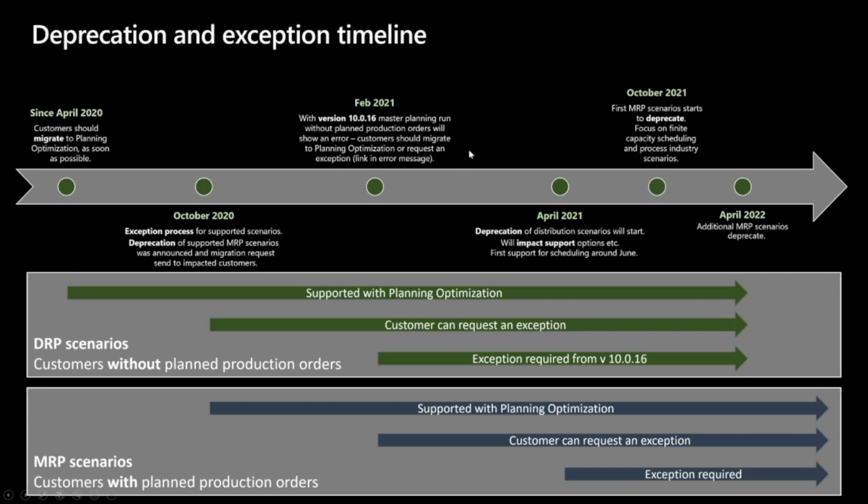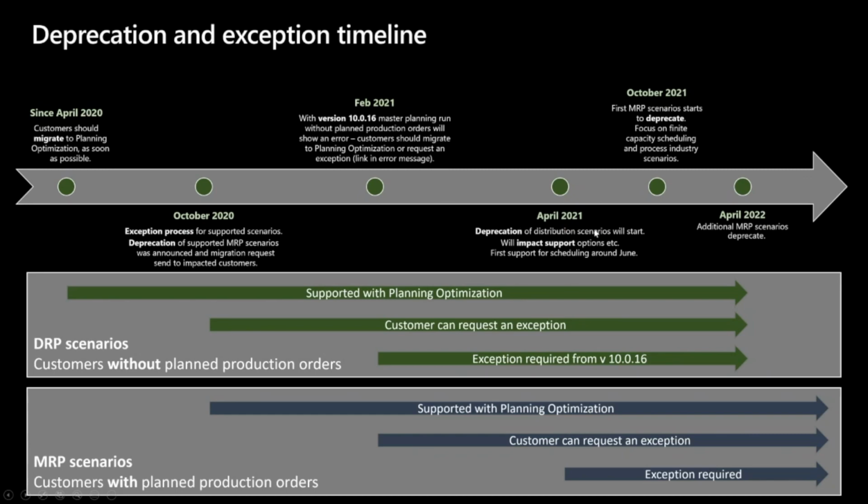And now here in February, with the release of version 10.0.16, there is this message shown when you run planning optimization, in case you don't use planning optimization and you don't have any planned production orders generated. As part of this message, there's a link to how to get an exception, but it's important to notice that it's not blocking the usage of the current master planning in any way.